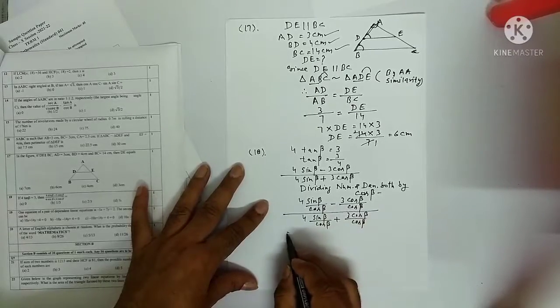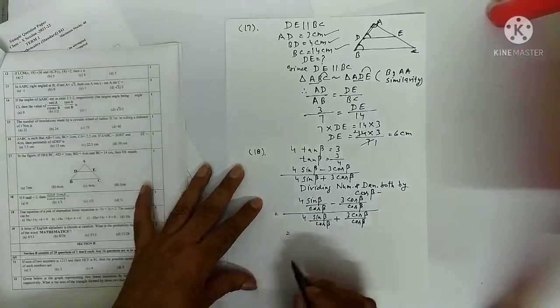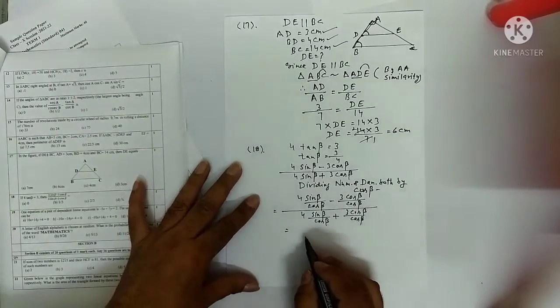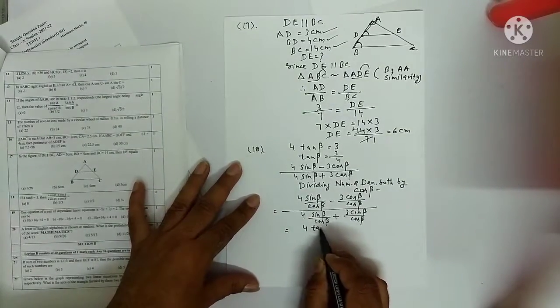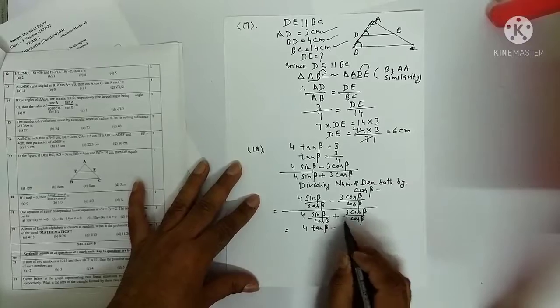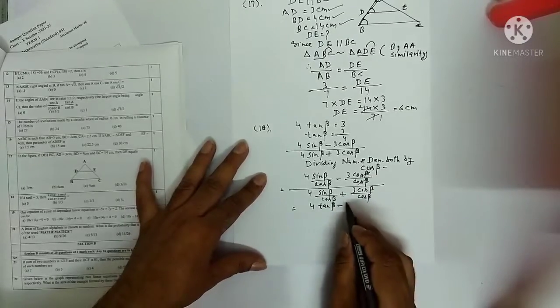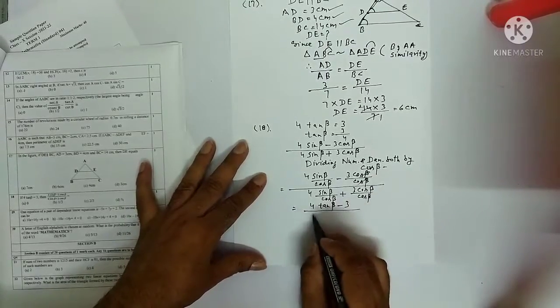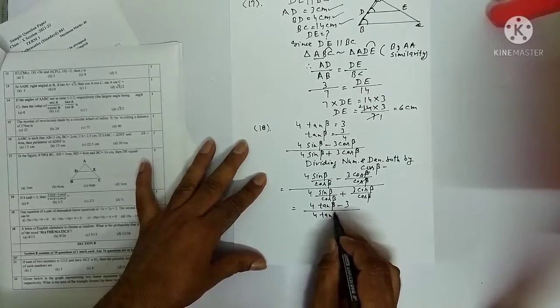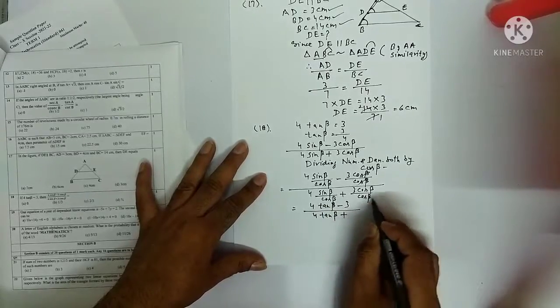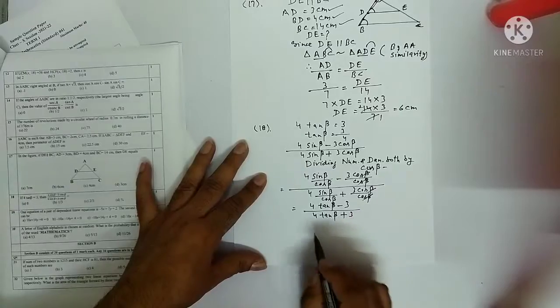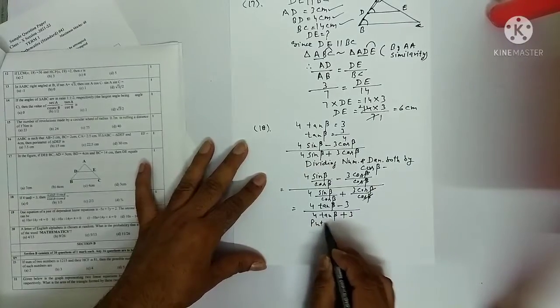So 4 sin beta upon cos beta will become 4 tan beta, minus this will cut, it will be 3 upon 4 tan beta, and here it will be cut, it is 3. Now you need to put tan beta value.